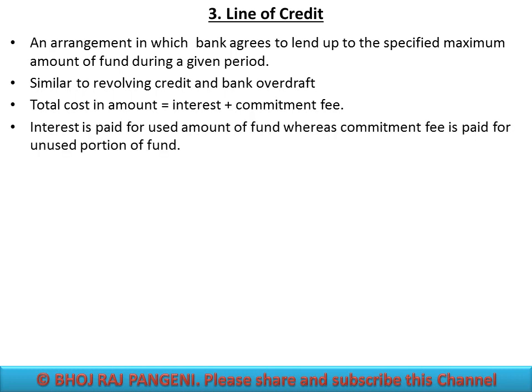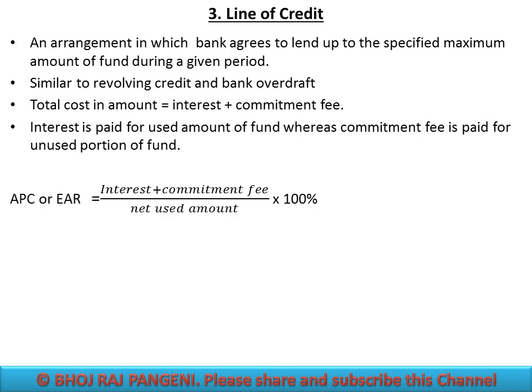Please be aware that interest is paid for the used amount of fund, whereas commitment fee is paid for the unused portion of fund. Don't forget this line.